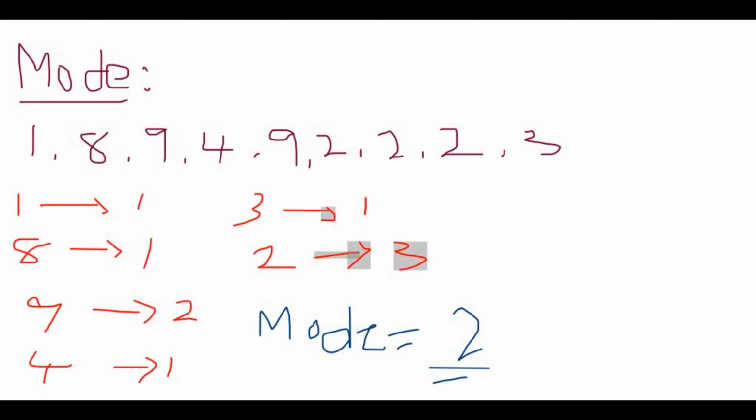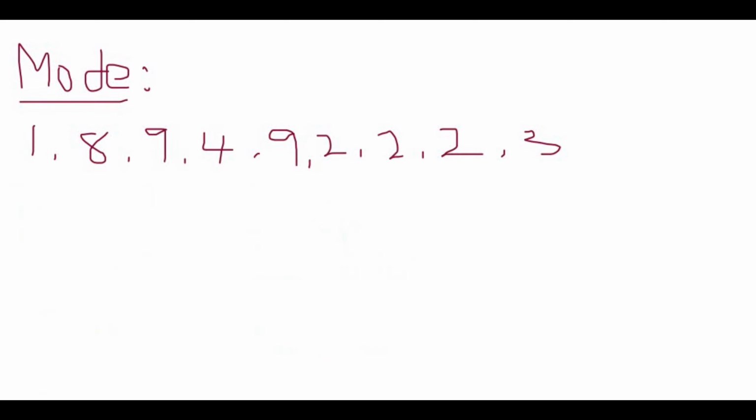Now let's try another case study under mode. For instance, let's say 3 is appearing 3 times as well. Since 2 is appearing 3 times and 3 is appearing 3 times, the mode therefore will be 2 and 3.